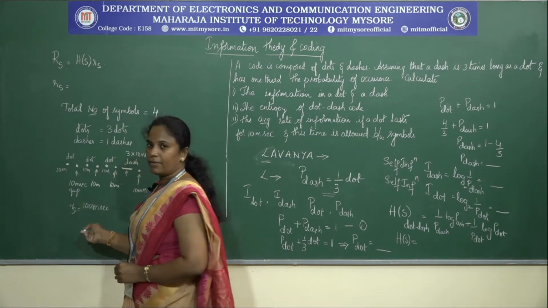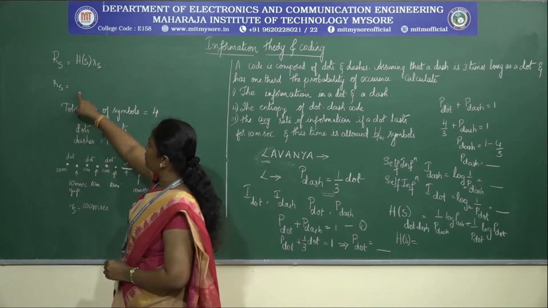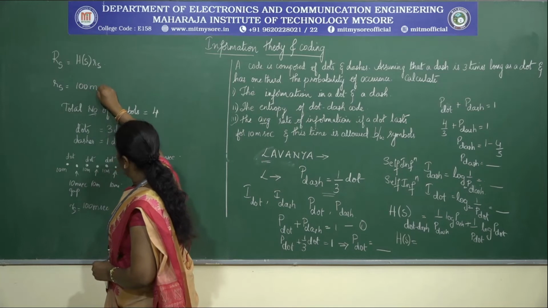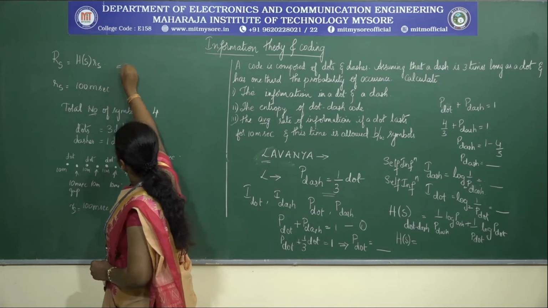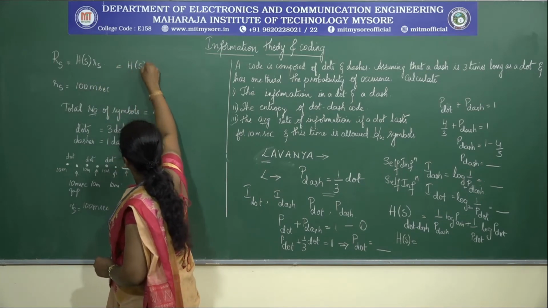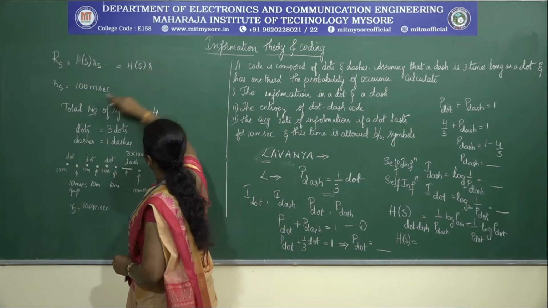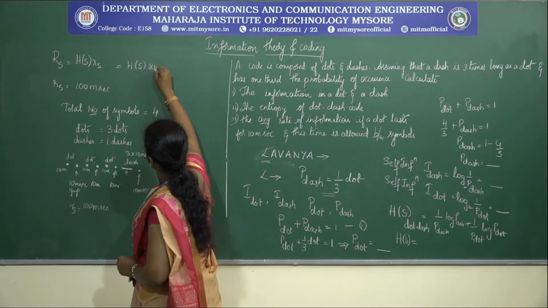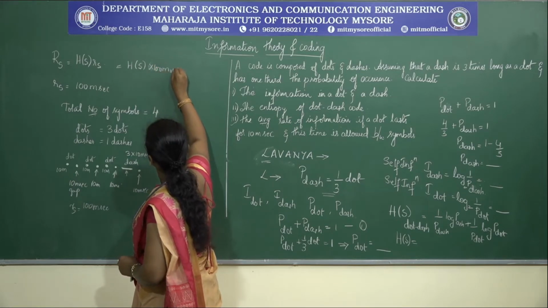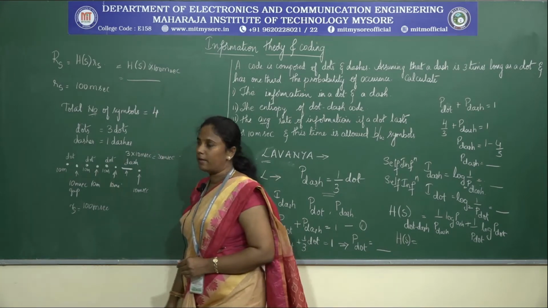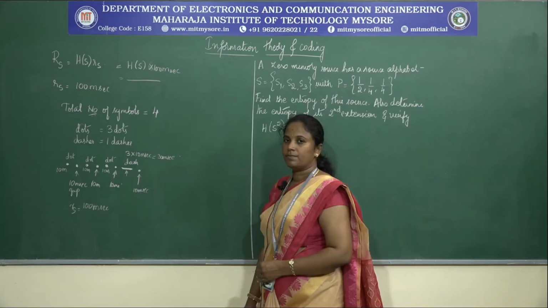After calculating this RS value, you are going to substitute. So here RS is 100 millisecond. After calculating H of S for the dot and dash code and multiplying by the symbol rate, you will get the total average information rate.